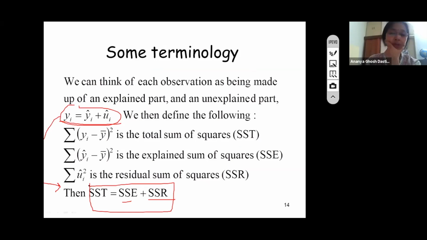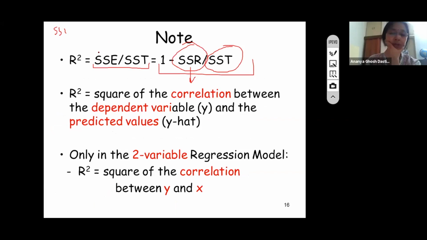Because the total sum of squares is equal to SSE plus SSR, now look at what you can write. You can therefore replace this SSE over here as SST minus SSR, right? And once you do that, this is what you get. So that is the relation between the residual sum of squares, which is SSR, and the explained sum of squares.